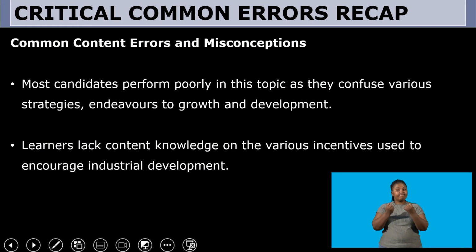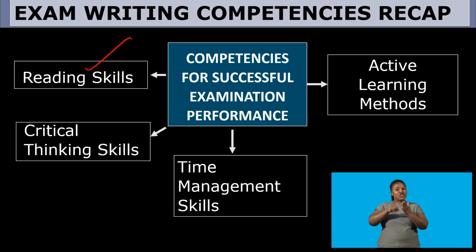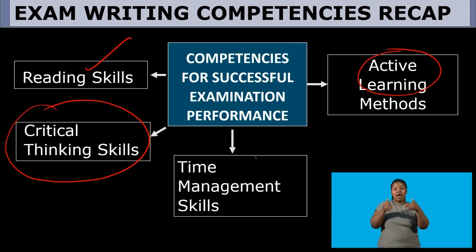A recap again of the common errors and misconceptions. Most candidates perform poorly in this topic as they confuse various strategies, endeavors to growth and development. Learners lack content knowledge on the various incentives used to encourage industrial development. For exam writing skills and competencies, we encourage you to have good reading skills, read the questions and understand the demands of the questions, active learning, critical thinking skills, as well as time management.